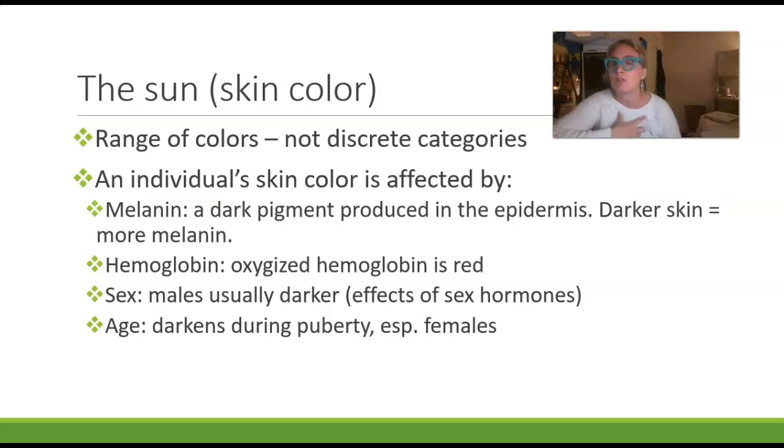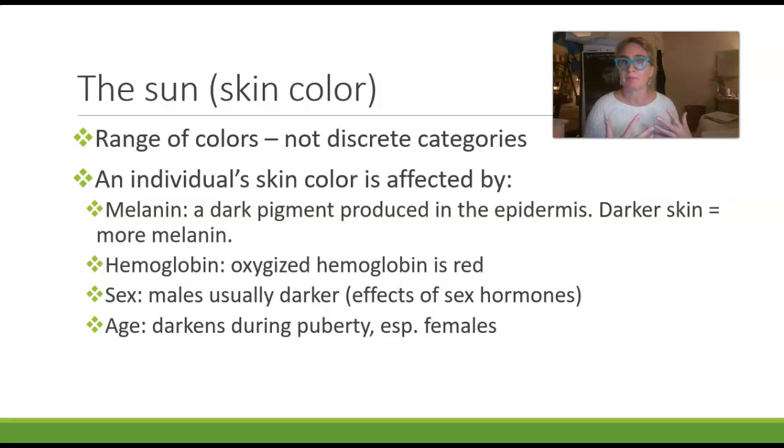And as Nina Jablonski pointed out, the strength of those UV rays depends on where you are on the earth. Thinking about skin color too, there is a range of categories. They are not discrete categories.